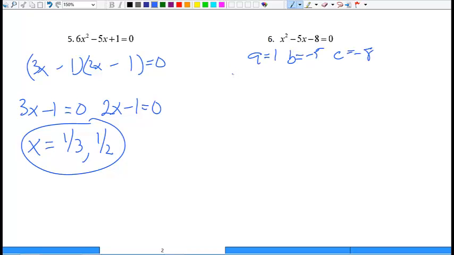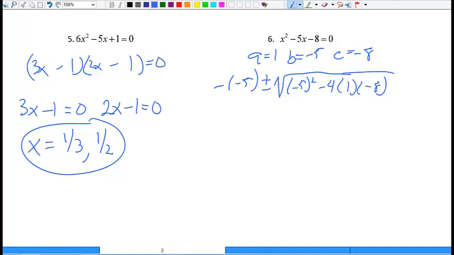So x equals negative b, so negative 5 plus or minus the square root of negative 5 squared minus 4 times 1 times negative 8 all over 2 times 1.